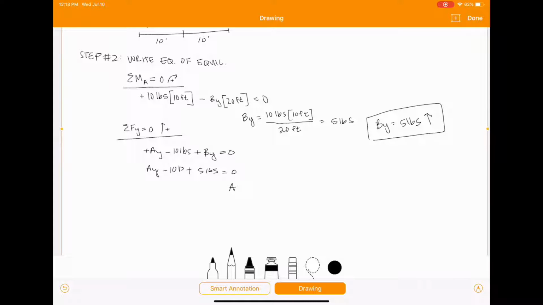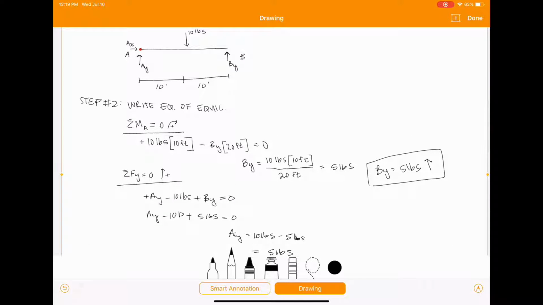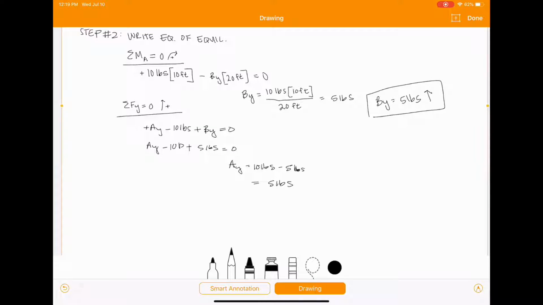So AY is going to equal 10 pounds minus 5 pounds, which is going to equal 5 pounds. Again, this is positive, so we drew our picture up here correctly. And so AY is going to be up.